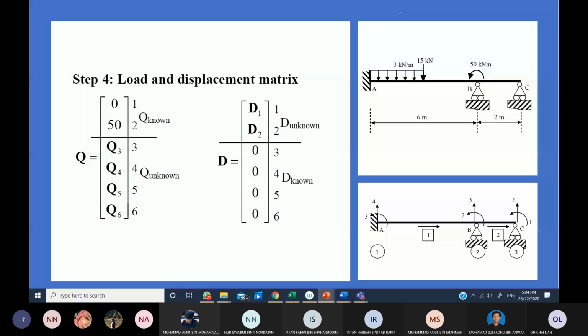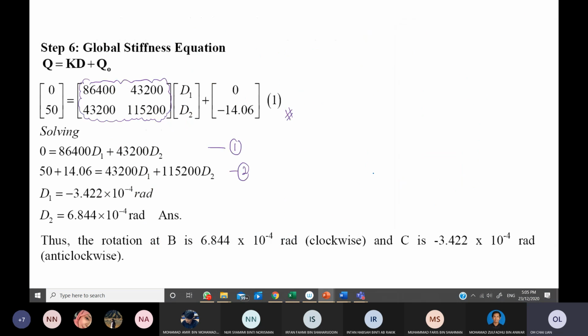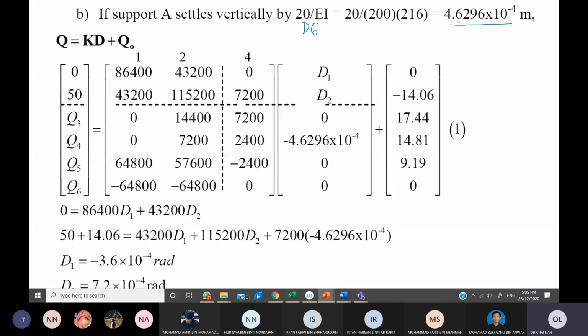Support A is here. It's not D6. Support A vertical displacement is still with number 4, so it will be D4. D4 will have this value, but negative, because the settlement is going down. So you have D4 equal to the negative of this value.